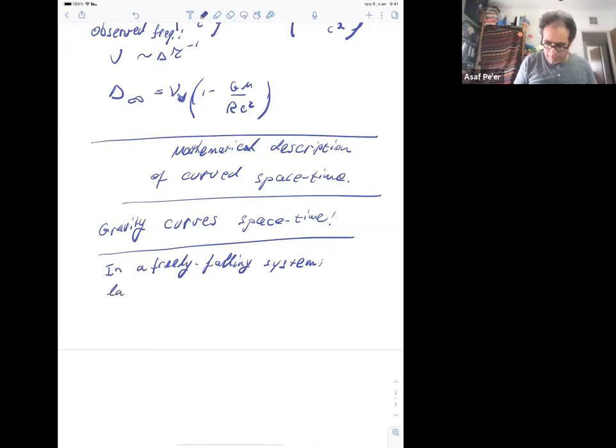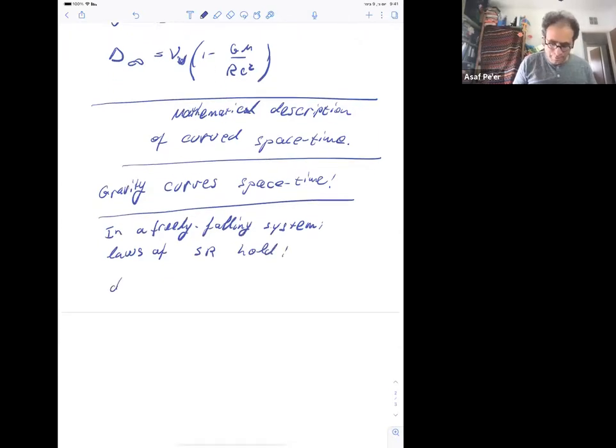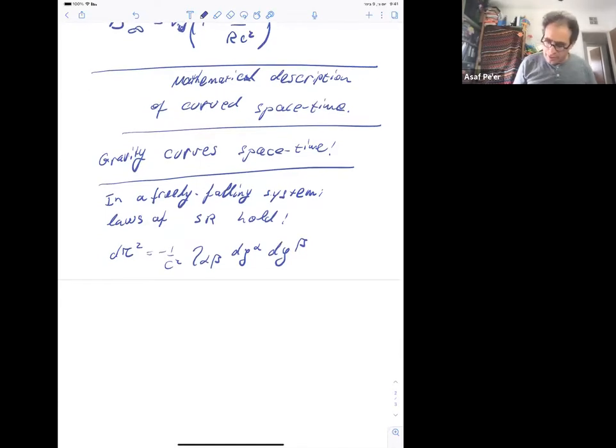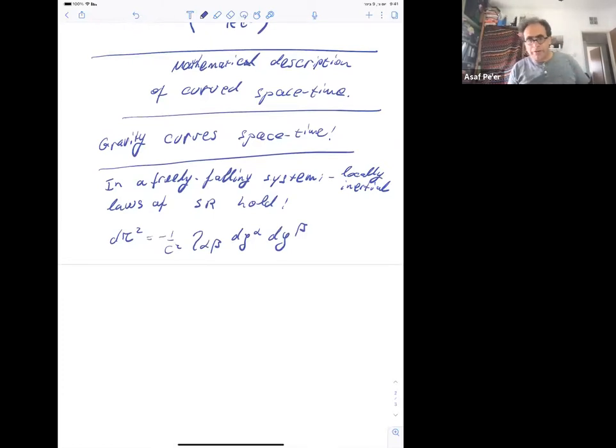And the laws of special relativity hold. So the proper time: dτ² = −(1/c²) η_αβ dξ^α dξ^β, where I just changed the name of the coordinate, instead of x, I call it ξ. And since this is a locally inertial coordinate system, we have a free particle, no forces.